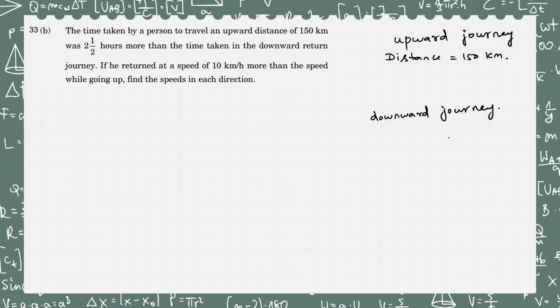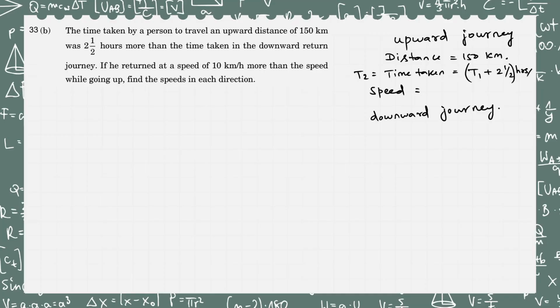So if we take the downward journey time taken as t1, the upward time will be t1 plus 2.5 hours. So let us write it now. Time taken t2 for the upward journey equals t1 plus 2.5 hours. And what about the speed?